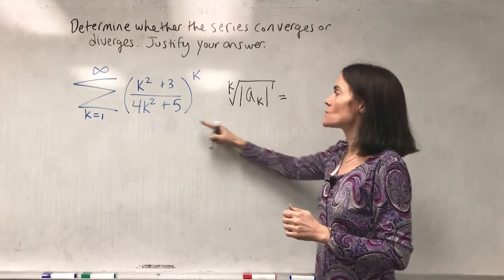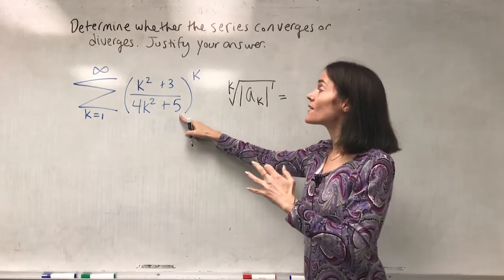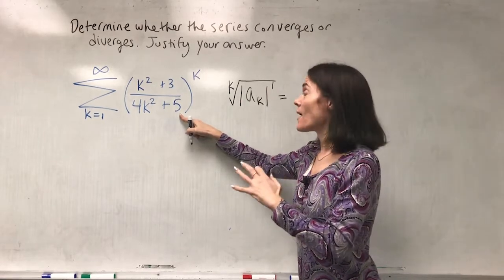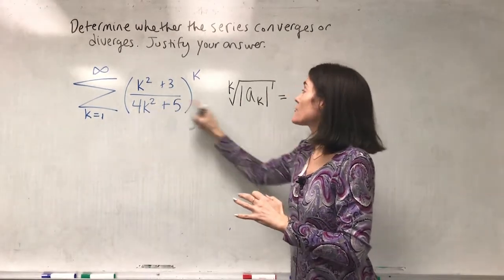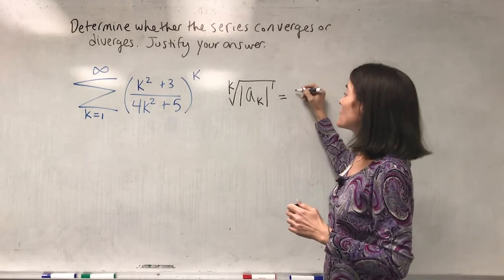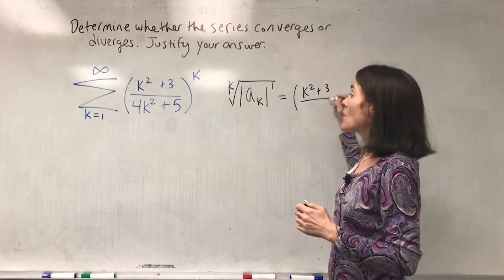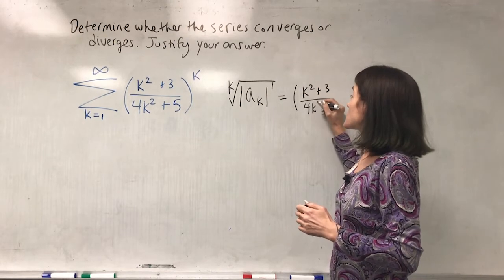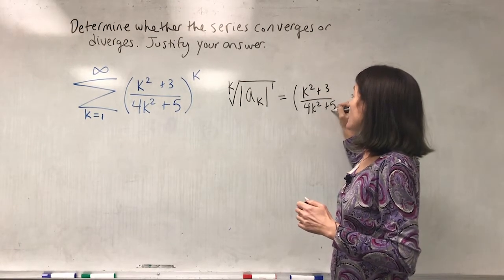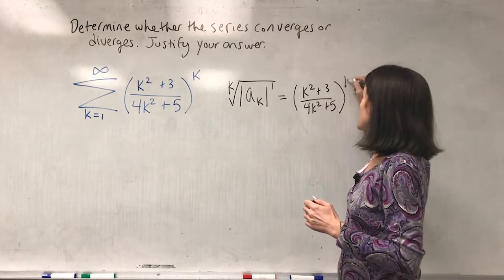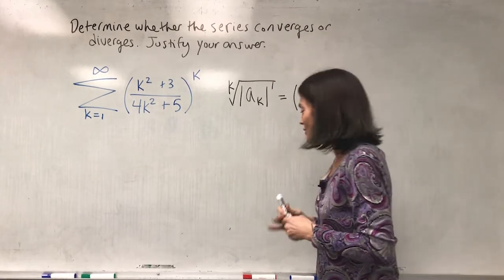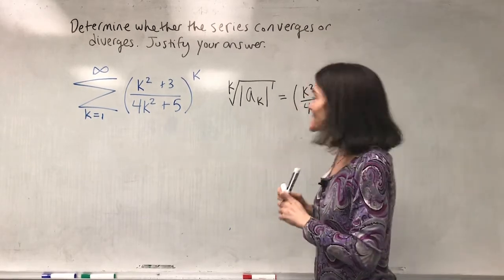Okay, what is this? Well, here, this is already positive. This is positive for every k. I do not need the absolute values. This will be k squared plus 3 over 4k squared plus 5, to the k. Now, what is the kth root? And this is the beauty of the root test.